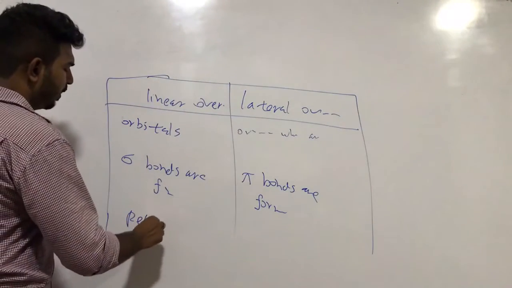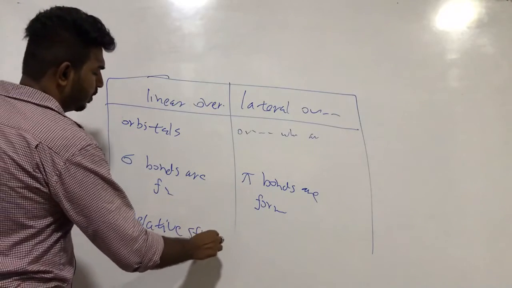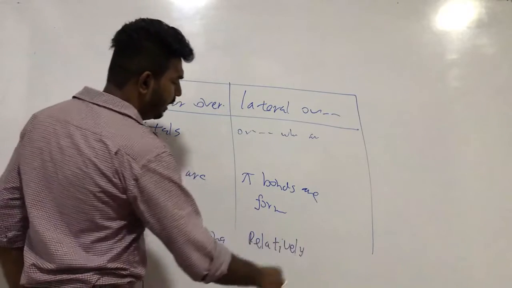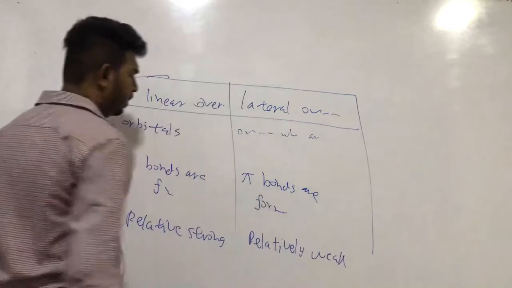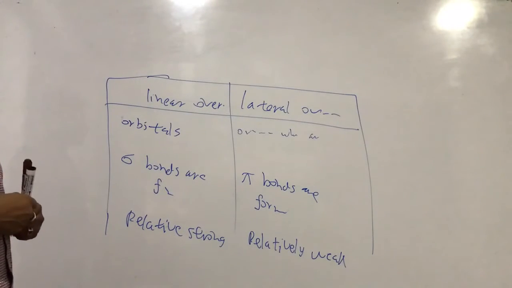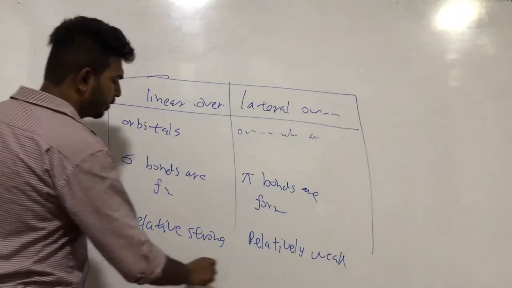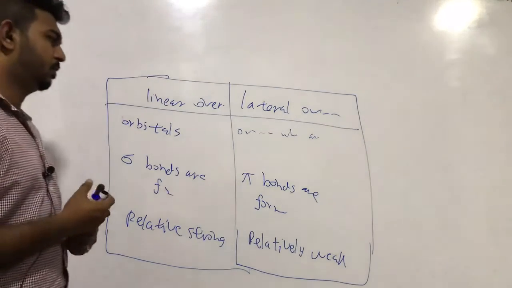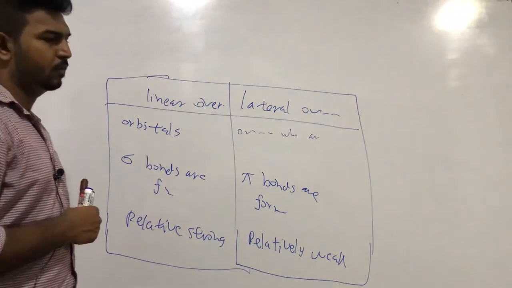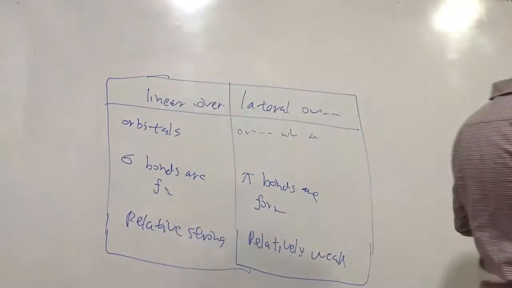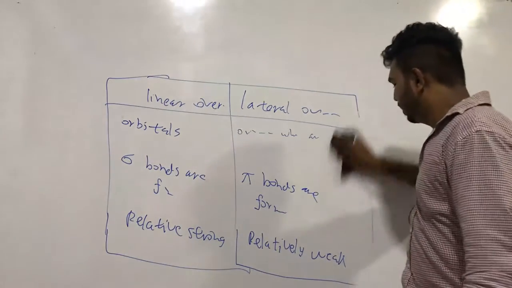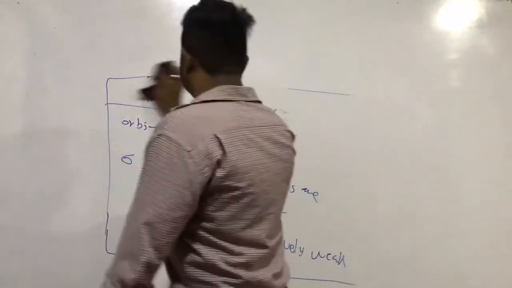Then this one is relatively strong, and this one is relatively weak. So that's the comparison of linear overlapping and lateral overlapping.